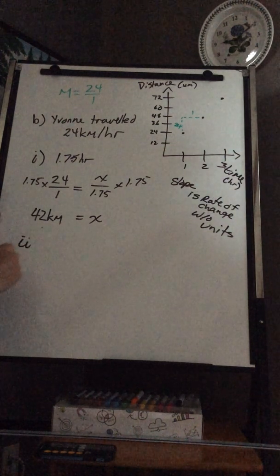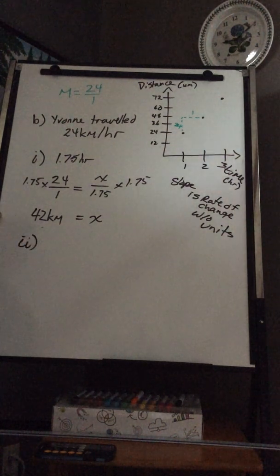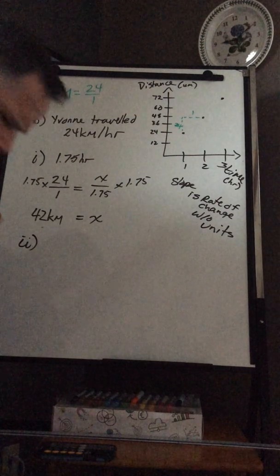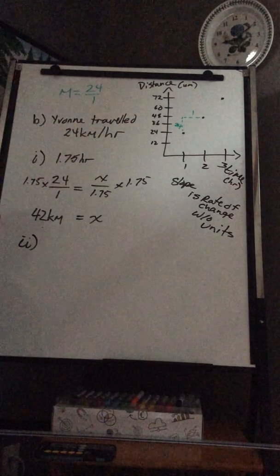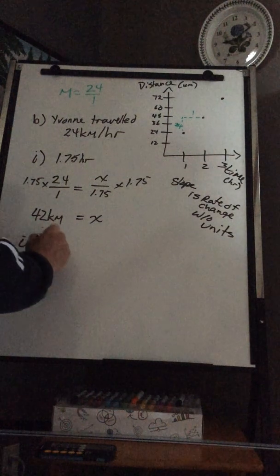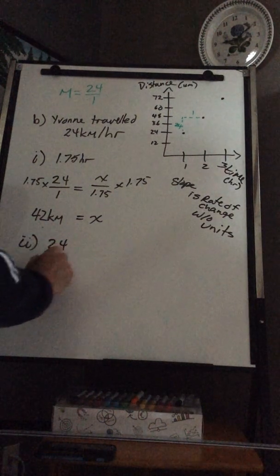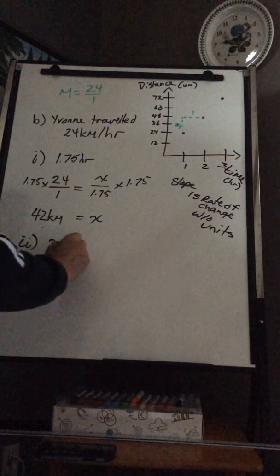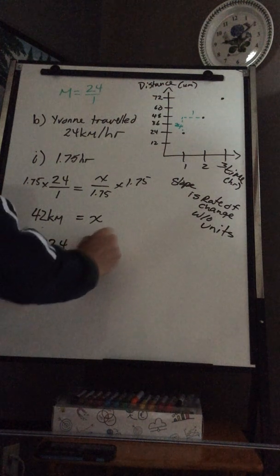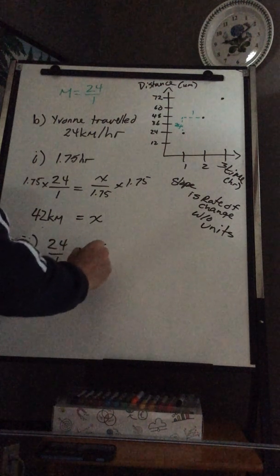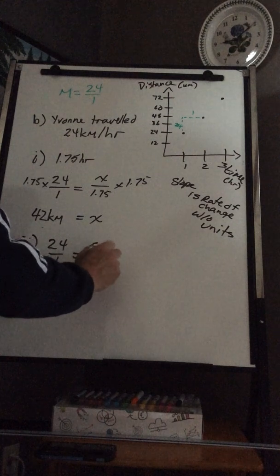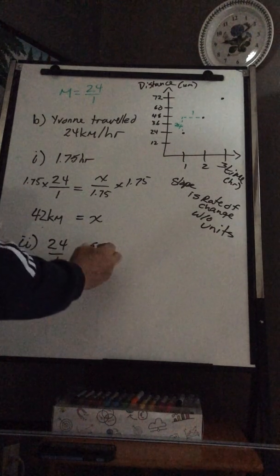The next part, it's saying 55 kilometers. So I still stick with the 24 over 1, 24 kilometers per 1 hour, and she went 55 kilometers. 55 kilometers in how long?